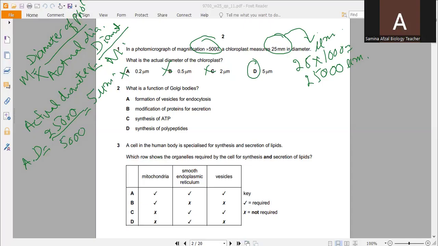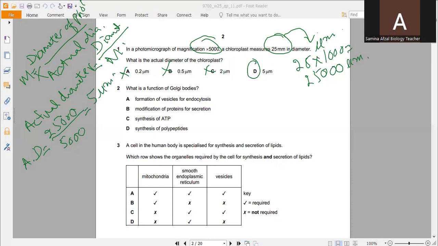Question number 2. What is a function of the Golgi bodies? The Golgi bodies or Golgi apparatus act like the post office of the cell. It receives proteins from the rough endoplasmic reticulum and then modifies them. How do they modify? They add sugar chains, making glycoproteins, and then package them into vesicles for secretion.